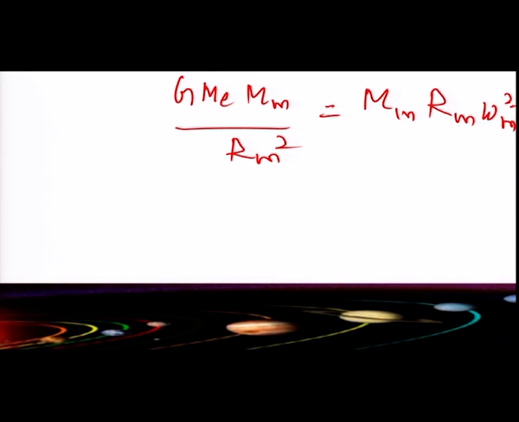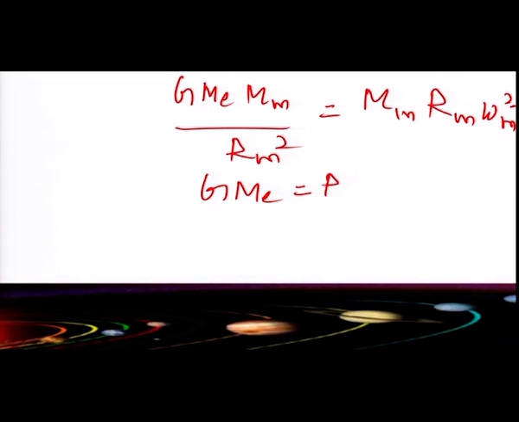Therefore, from this we will calculate G Me, which is equal to Rm cubed omega m squared.